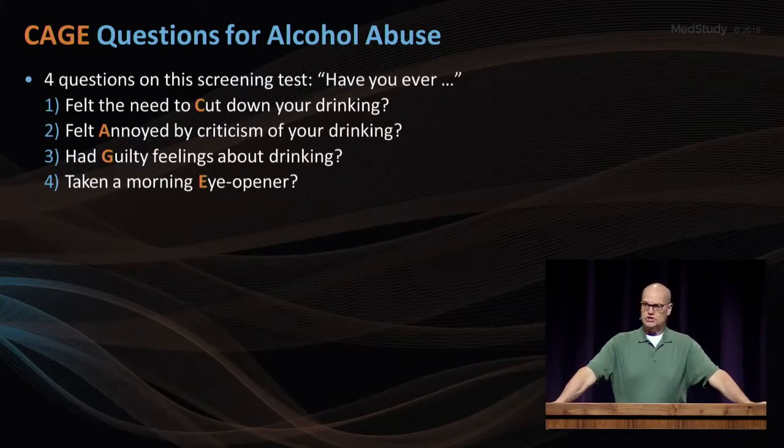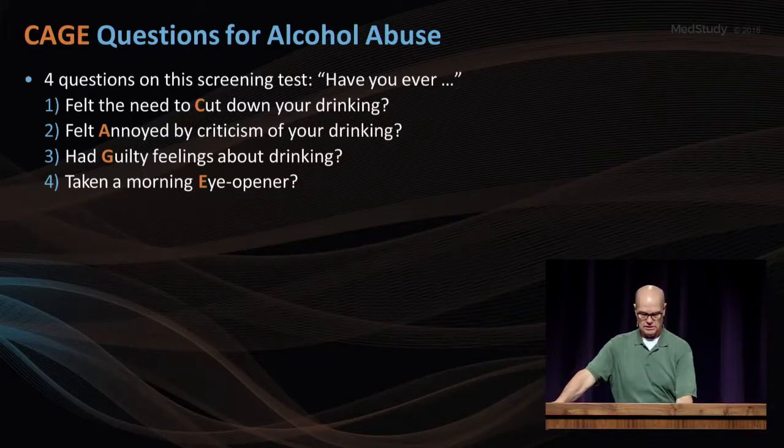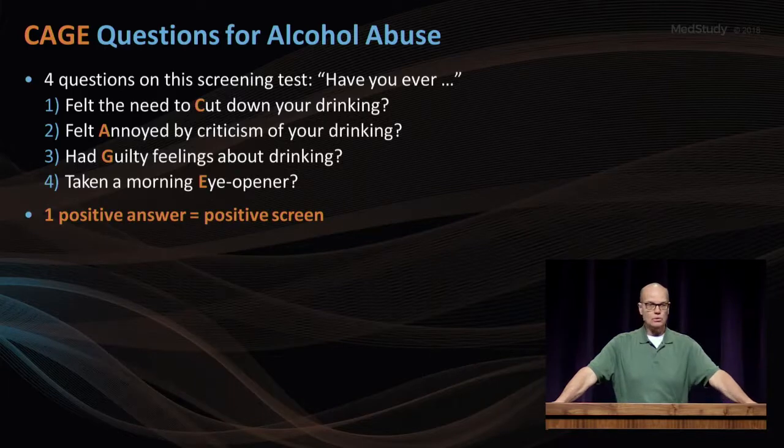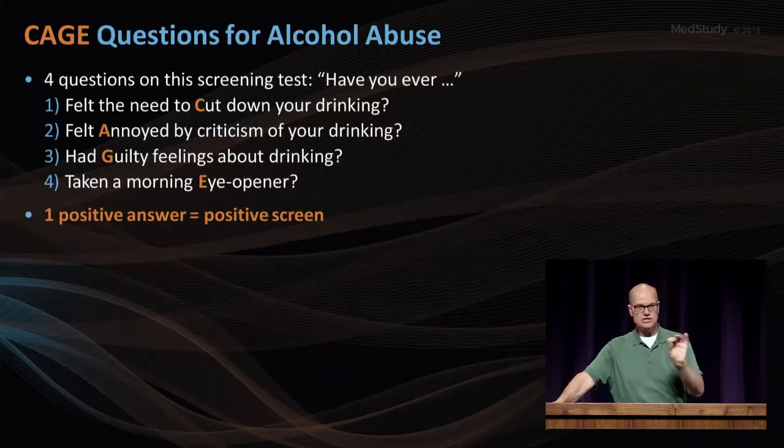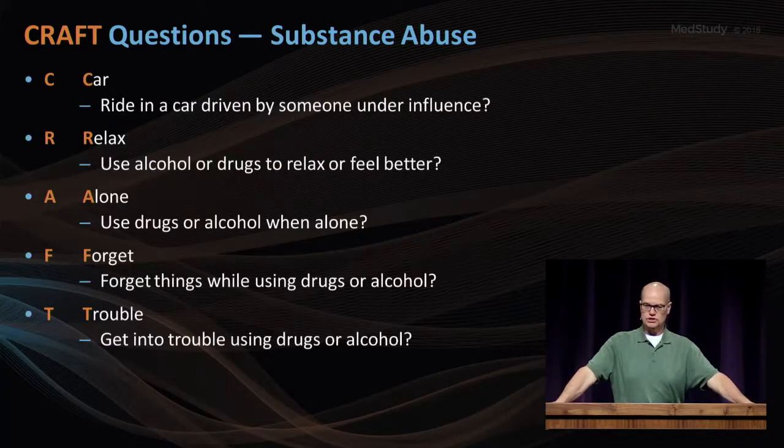Know the CAGE questions for alcohol abuse. These are listed here. And know that one positive answer from these 4 equals a positive screen. So the next best step is additional intervention. There's also the CRAFT questions for substance abuse.